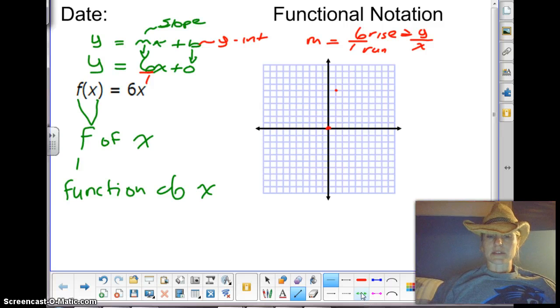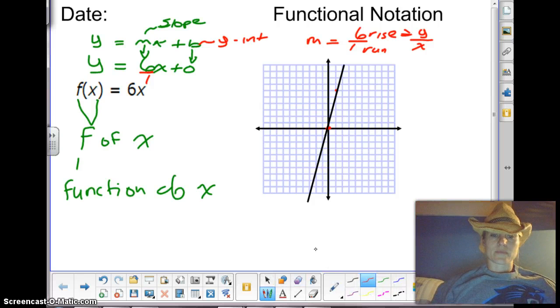And I've kind of learned not to try to draw my own lines because they never really turn out as lines, right? And then I can just put in some arrows because it goes on forever. So this is this equation, f of x equals 6x, or y equals 6x.